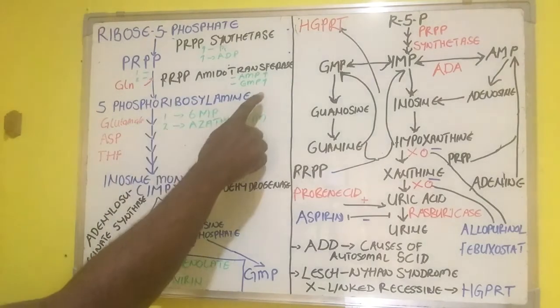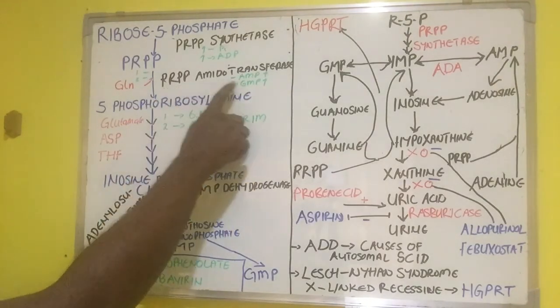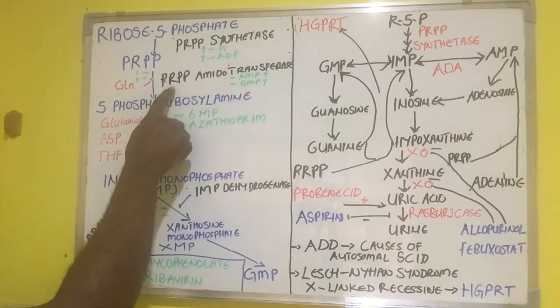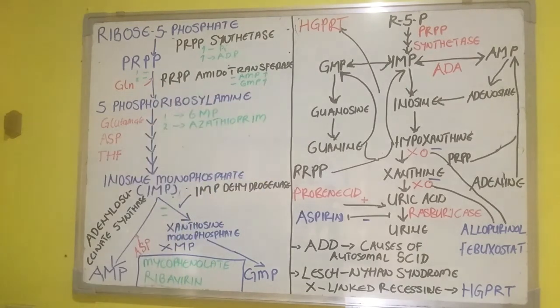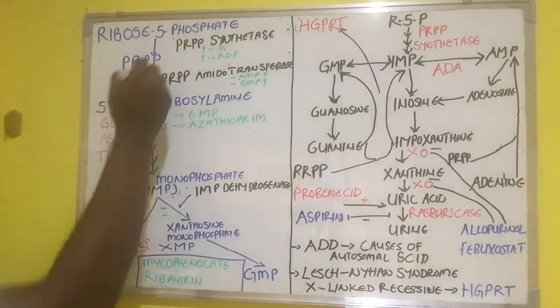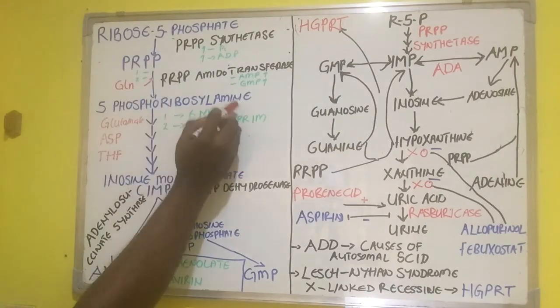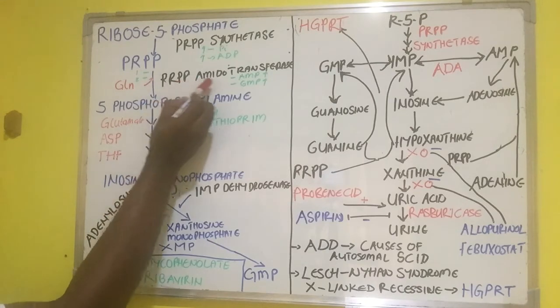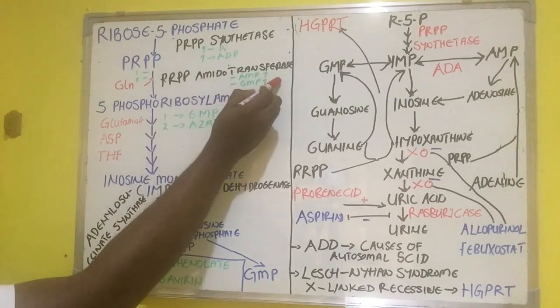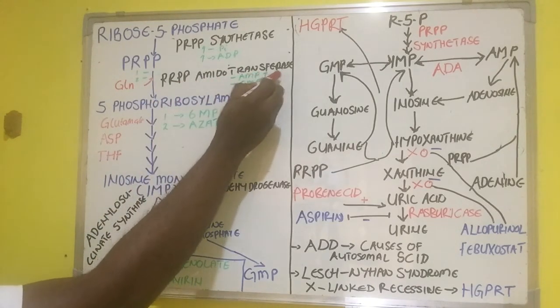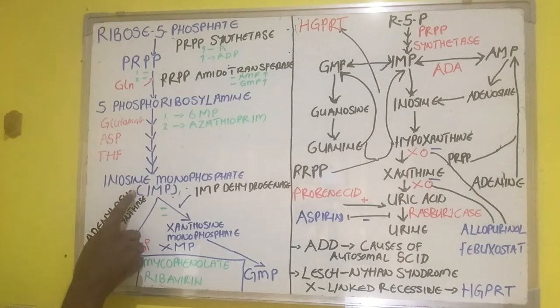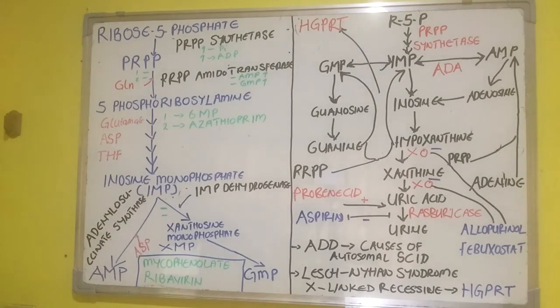A high level of AMP and GMP can also shut off PRPP amidotransferase. So the conversion of PRPP to 5-phosphoribosylamine, which is catalyzed by PRPP amidotransferase, can be hindered if there is a high level of AMP and GMP. The same applies to the conversion of IMP to AMP.